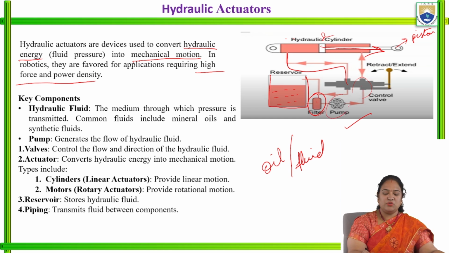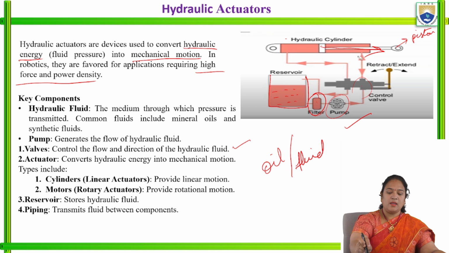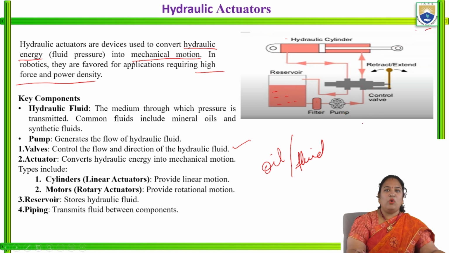The pump is used to pump the fluid to the hydraulic cylinder. The valves are used to control the flow and direction of the fluid from the reservoir. The control valves control the pressure and the flow of the fluid into the hydraulic cylinder.